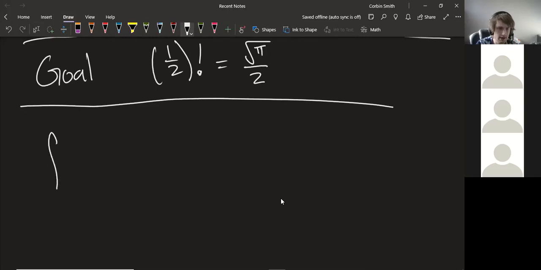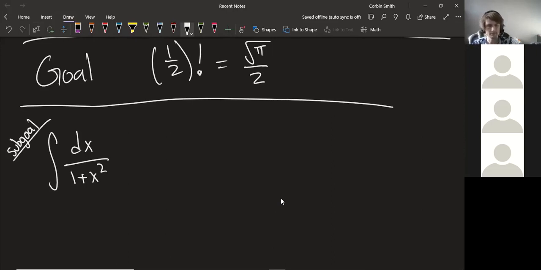So does anyone know how to integrate this bad boy? So this is our sub goal, I guess. This is probably an integral that you would see on the Calc 2 test, but it's not that hard to prove. It's more just like the pacing of the topics.